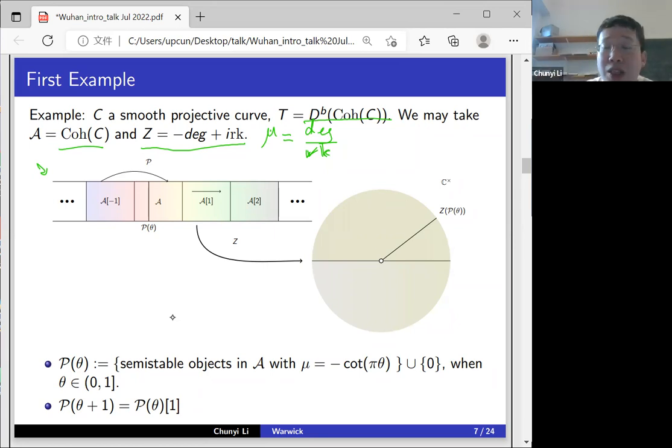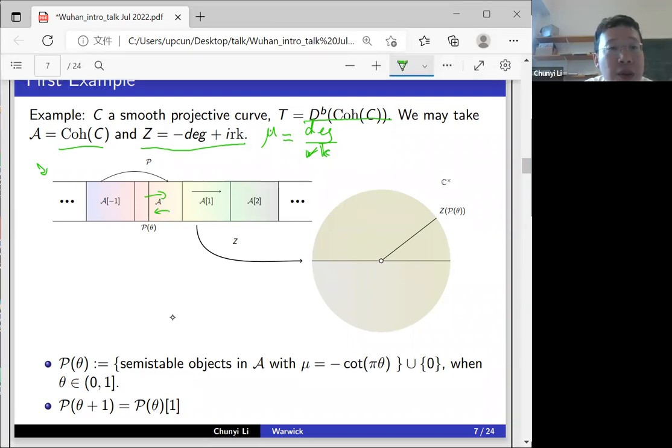What a bounded heart structure does is cut this whole triangulated category into boxes. One box contains all of the objects in the heart, another contains all of the objects with homological degree 1, and so on and so forth. And the property of that is you may have morphisms between objects in the heart.